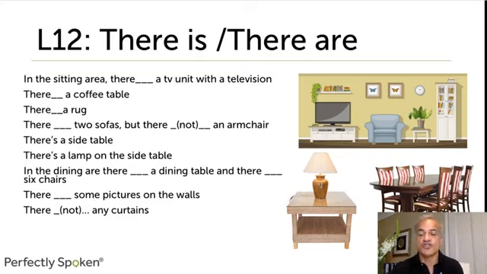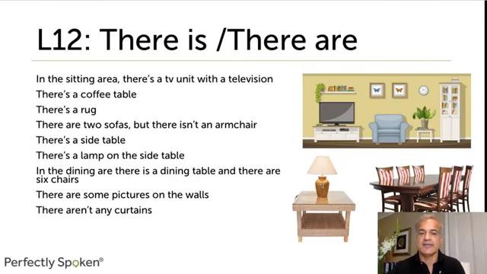There are not. There aren't any curtains. Let's just check the writing. There we go. So, I said there isn't a rug, but there's a rug. But important one, the last one: there aren't any. Plural, negative. There aren't any curtains.